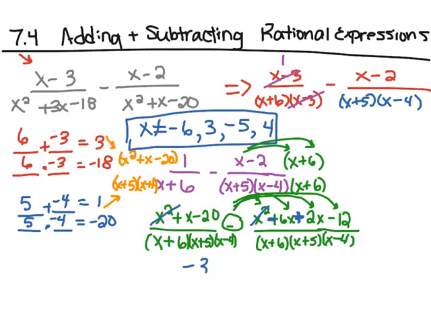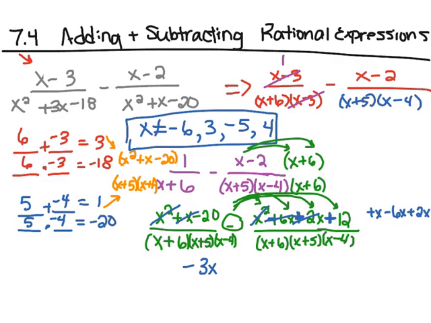So we have negative 3x, that cancels all these out. And we have negative 20, and a negative is a positive.